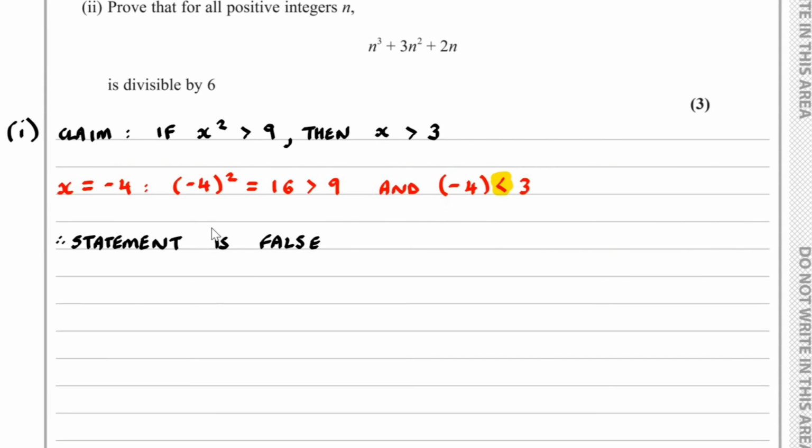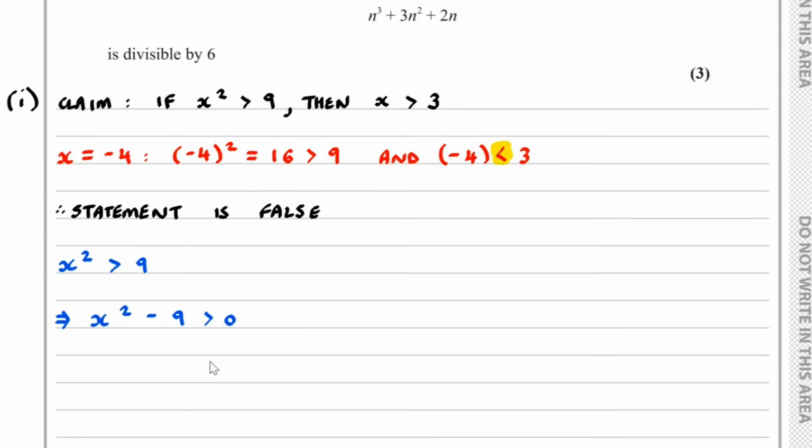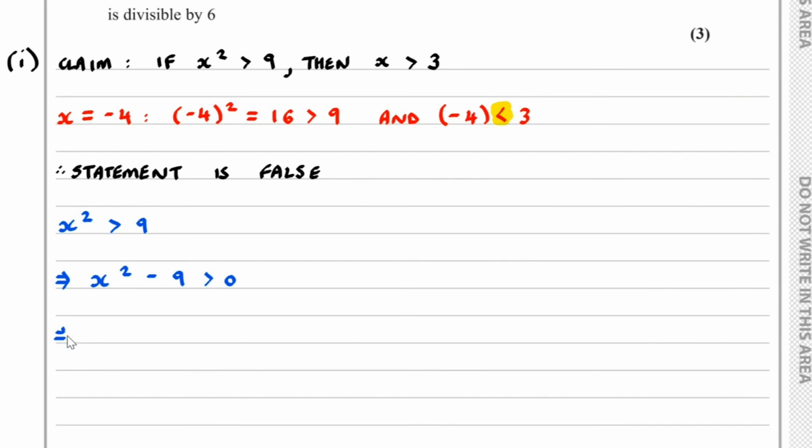Now, another way to think about it is to think, well, if I have x squared being greater than 9, this will imply x squared minus 9 is greater than 0, which implies x plus 3 multiplied by x minus 3 is greater than 0. And if I think about a sketch of the graph, where it's greater than 0 is here and here.